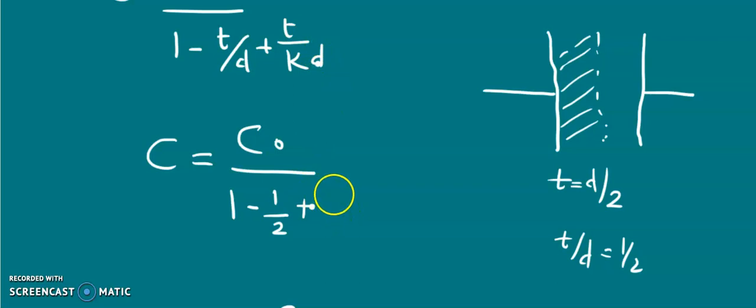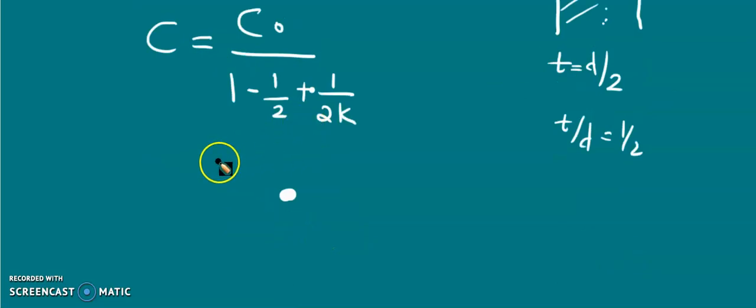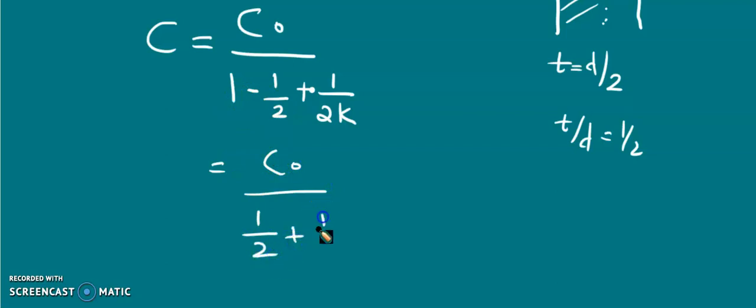So 1 by 2K. So this can be written as C0 divided by 1 minus half, which is half, plus 1 over 2K.